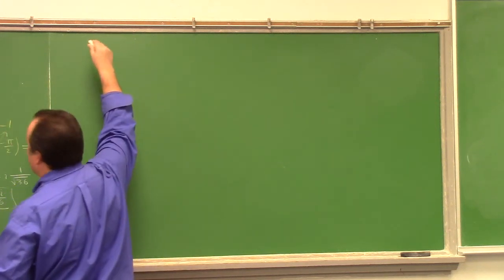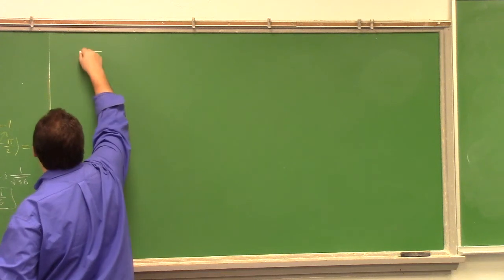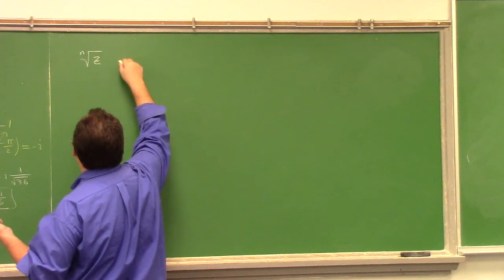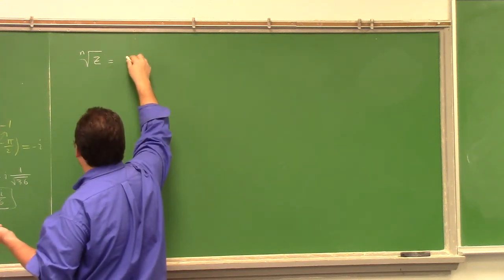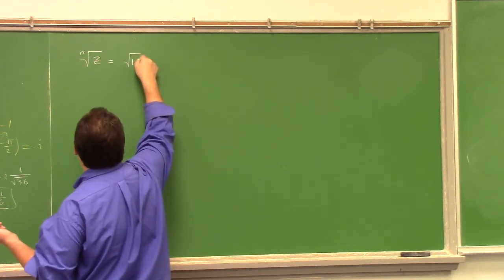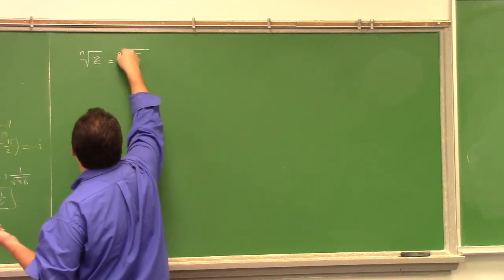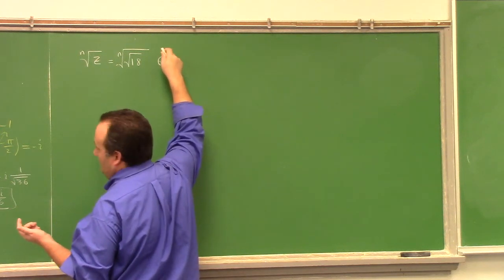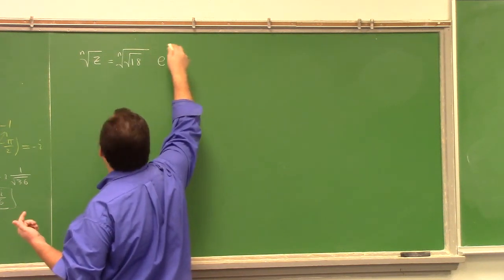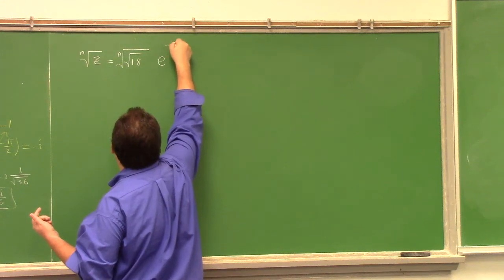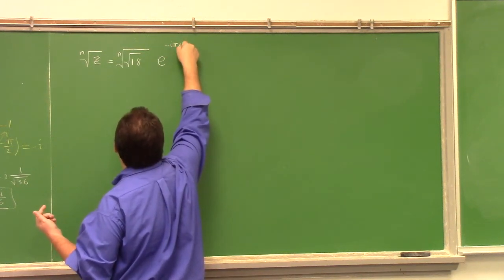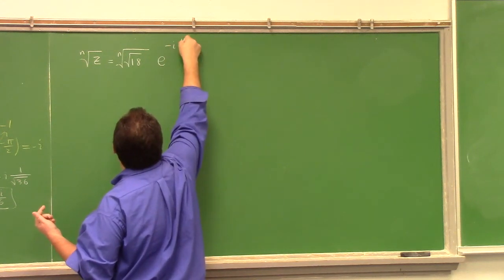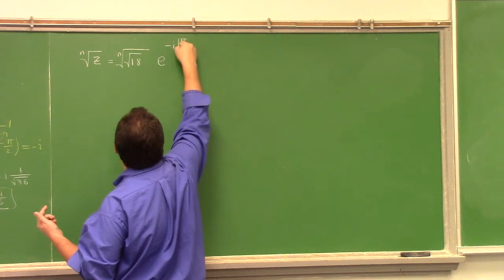So let's see here. The principal nth root of z, I'm still working with the same example, right? So we do the square root of 18, the nth root of that rather, and then e to the what? What was my angle? Minus i pi over 4. I mean, this is my theta. I can't write up here. So pi over 4 is the theta, yeah?